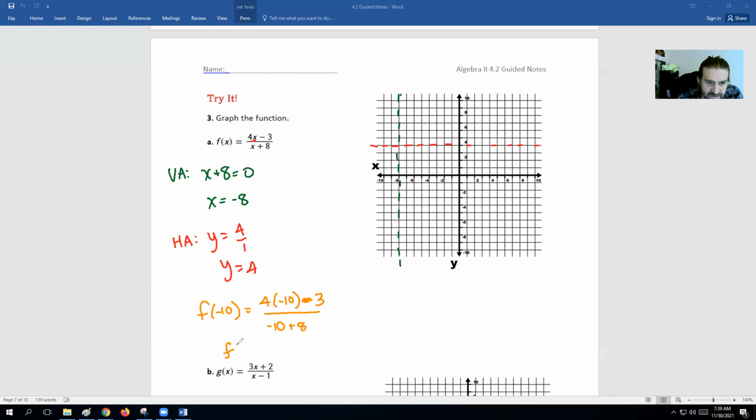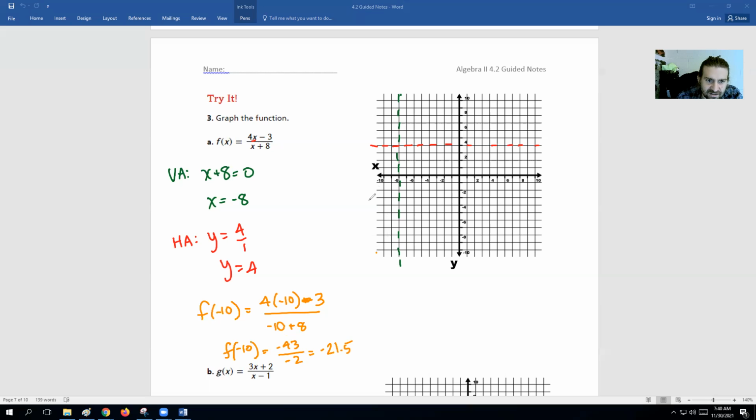So f of -10 is -40 minus 3, so that's -43 over -2. And that's -21.5.